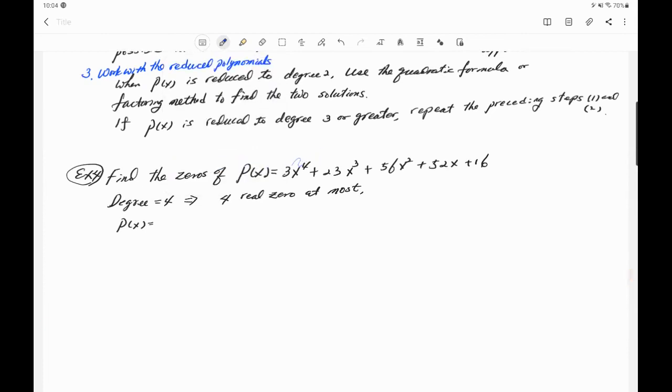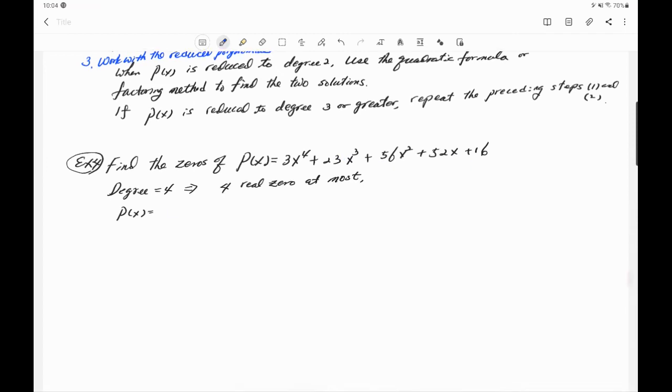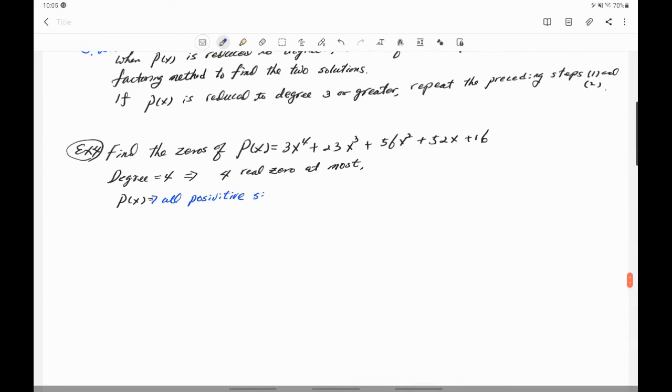The coefficients are all positive, right? All positive signs. This means there are no sign changes, no variation in sign.